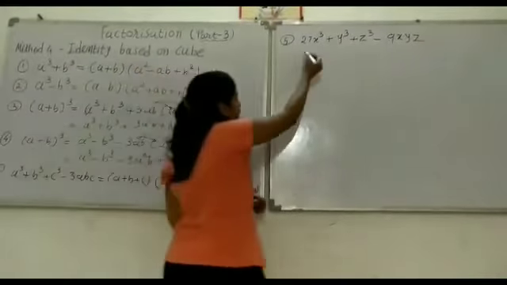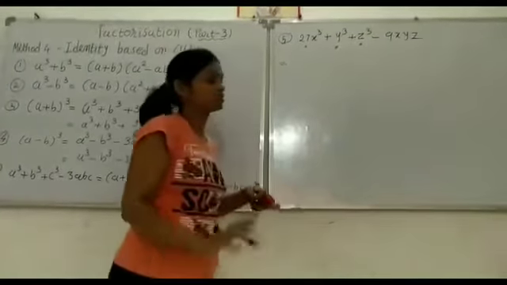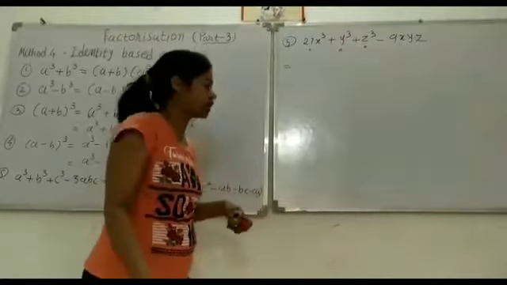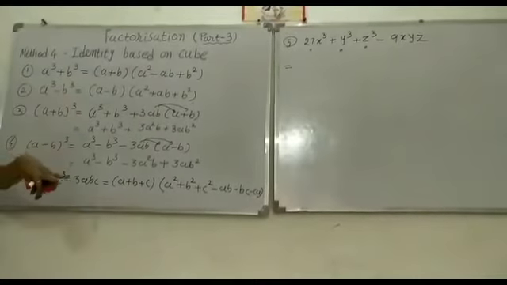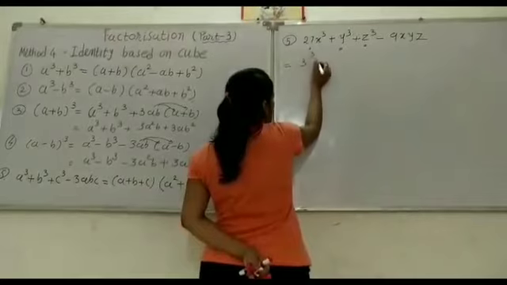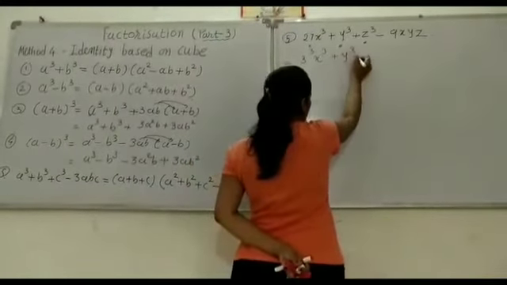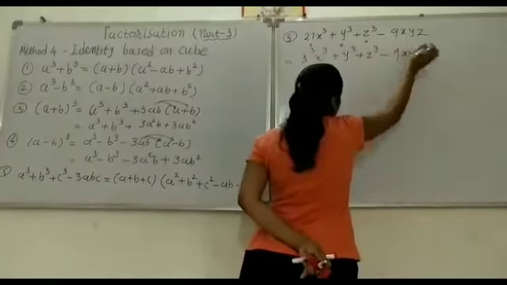Here you have 3 terms that are cubes and the third term is minus something of first, second and third term. So you think about this identity, so first, second and third term become a perfect cube. So 27 is 3 cube, this is x cube, this is y cube and this is z cube. You should write this step as it is.